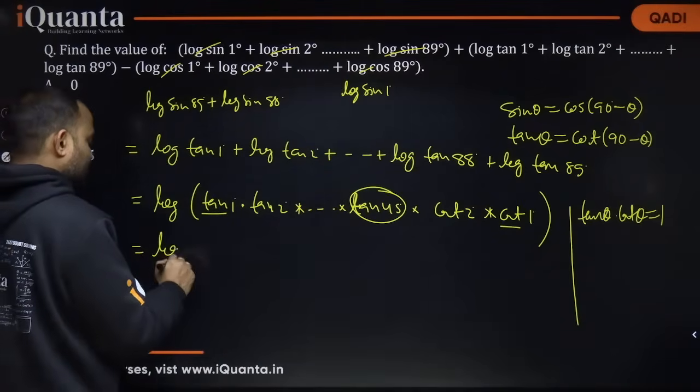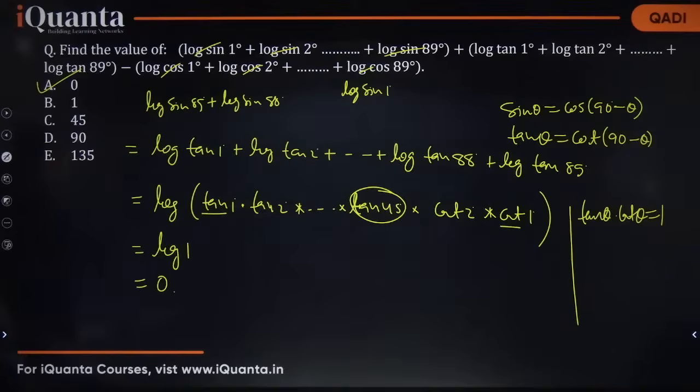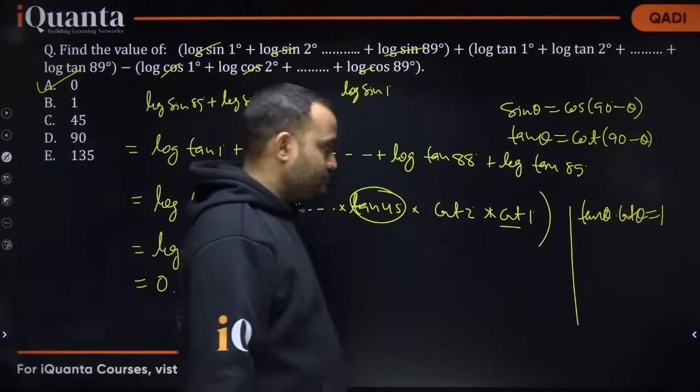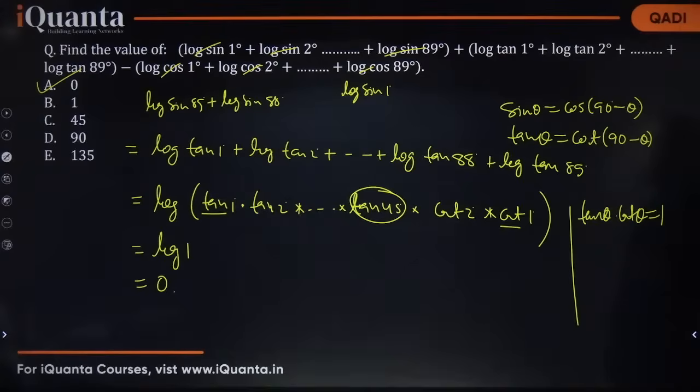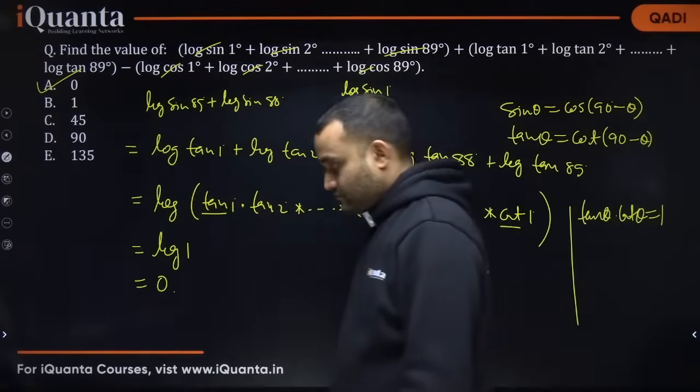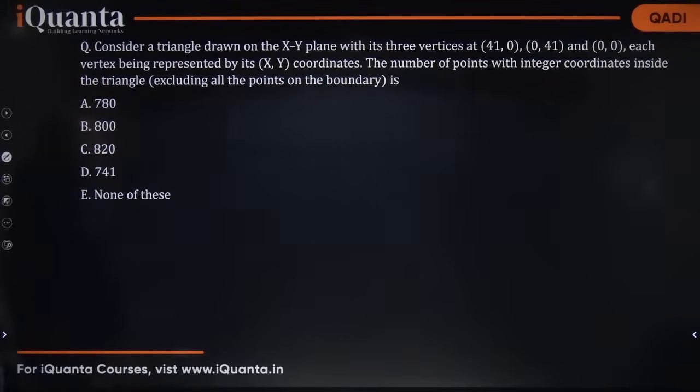So at the end we are left with log 1, which will become 0. Answer is option A. Log 1 is equal to 0. Yes. Okay then, now if you are done with this, let's try the next one.